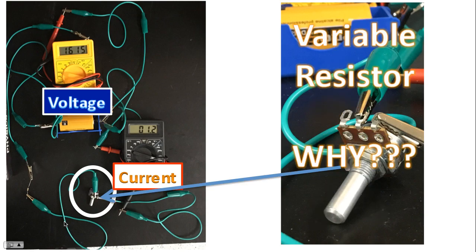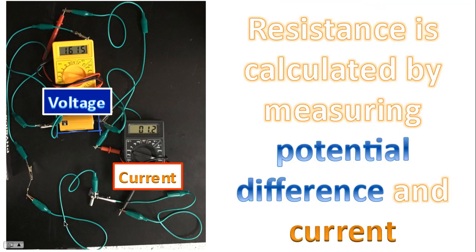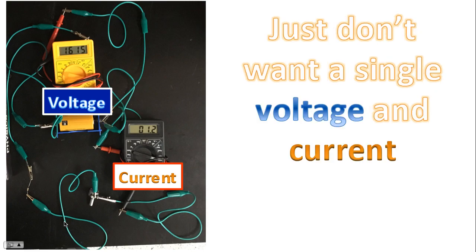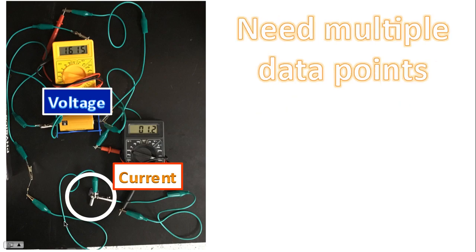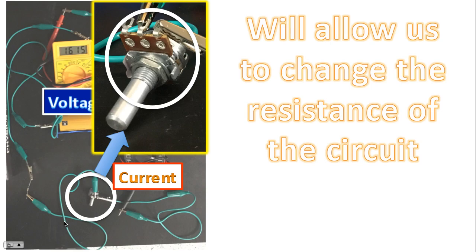So why do we need a variable resistor? Resistance is calculated by measuring potential difference and current. So we just don't want a single voltage and a single current. Instead, we would like to have multiple data points. So the variable resistor will allow us to change the resistance of the circuit.